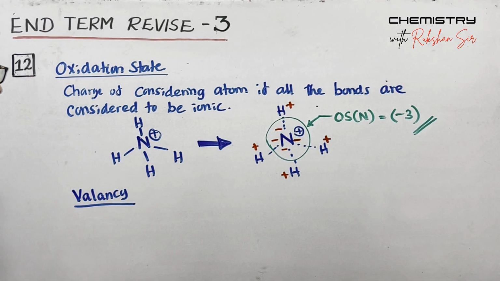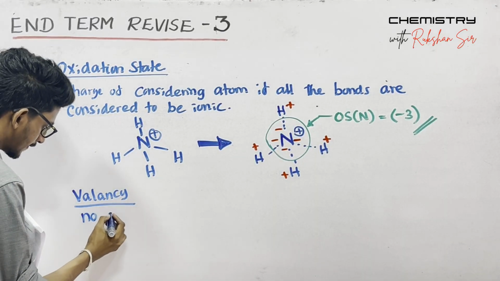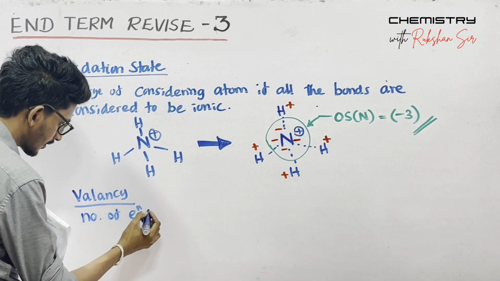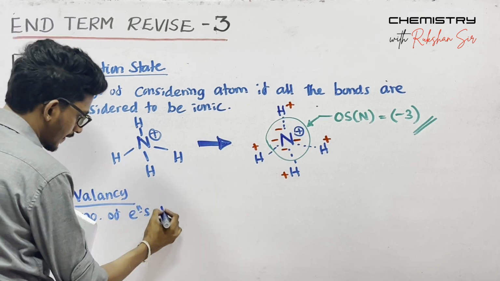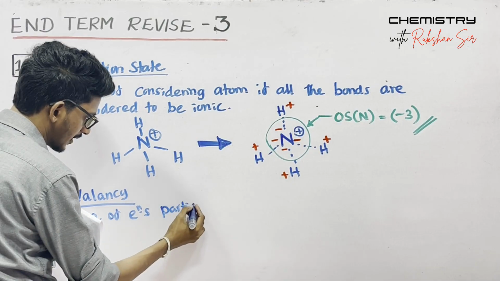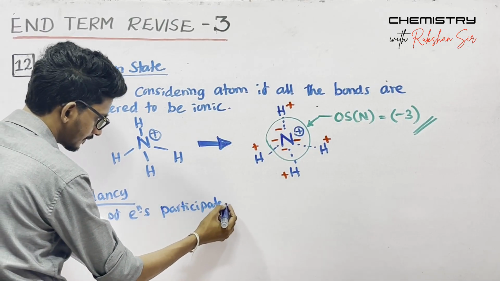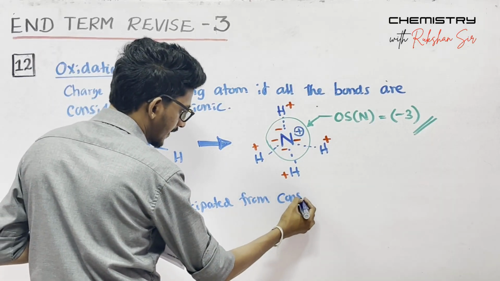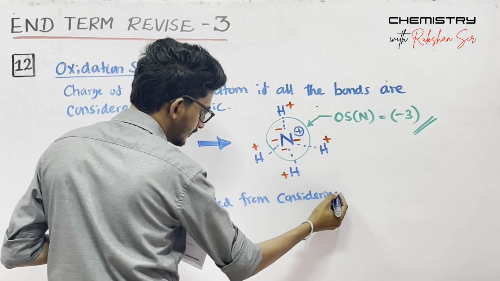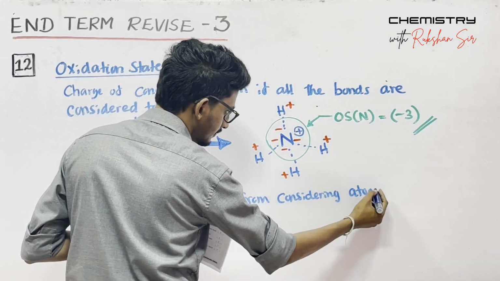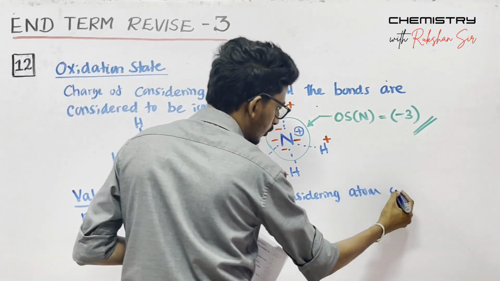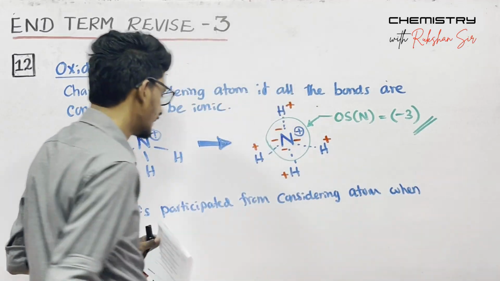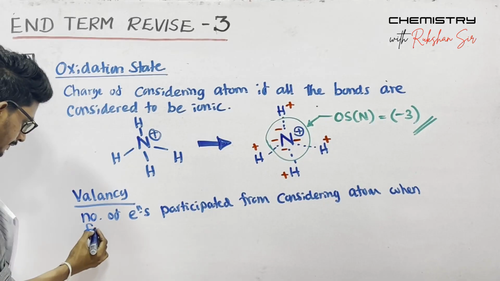What is meant by valency? That is the number of electrons participated from the considering atom when forming the chemical species.